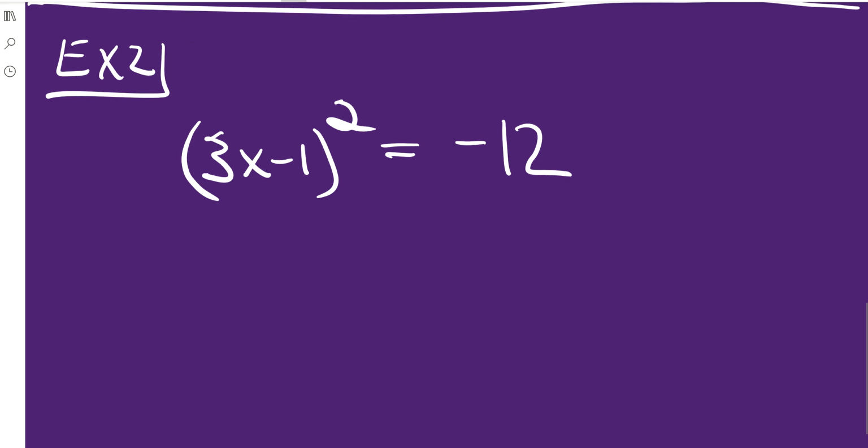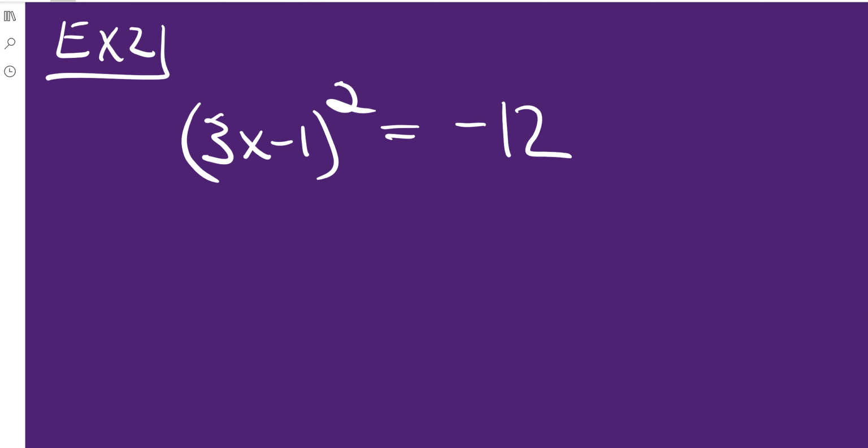Okay, let's see now. Because of the learning we did of imaginary numbers, now when I take the square root of a negative number, I've got an answer, and it involves the number i. So I'm going to square root both sides because this is a binomial squared.